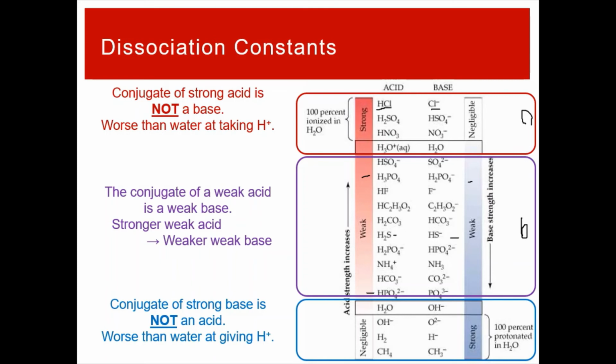It can barely affect the pH. You get a pH of like 6.5 versus 7, whereas its conjugate, PO4 3 minus, is a pretty good weak base. It's not strong, but it's a pretty good weak base. You'd be pushing something like a pH of 11 or 12 as opposed to 13. So it can change it, but still, it is weak. But there's always this kind of balance between them.